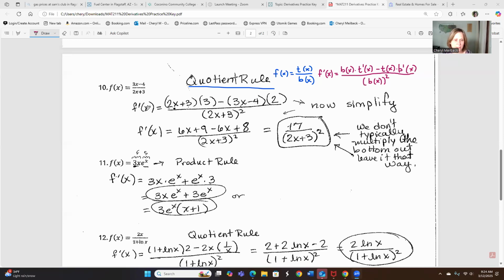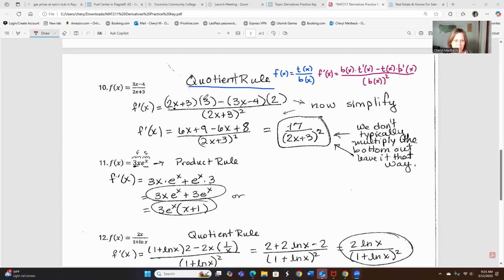So you see that as we look at problem 10, we took the bottom, 2x plus 3, times the derivative of the top, which would just be the 3, and then subtracted the top, the 3x minus 4, times the derivative of the bottom, which would just be the 2, all over the bottom squared.